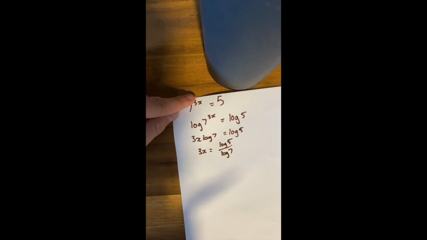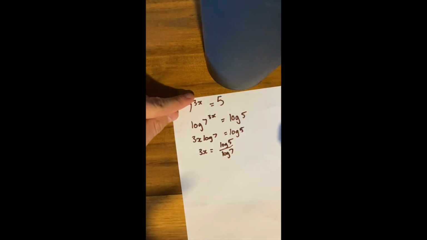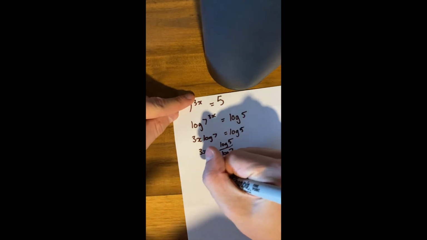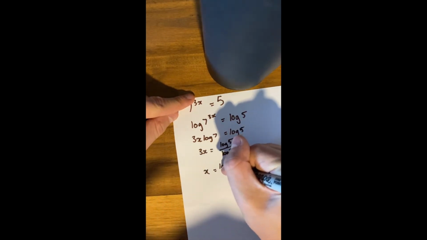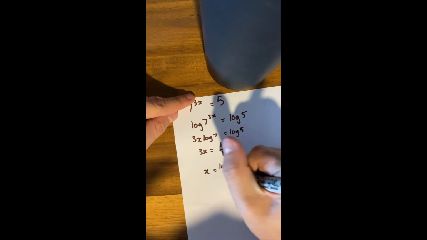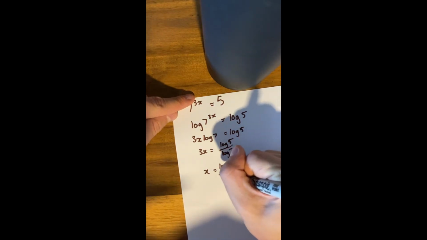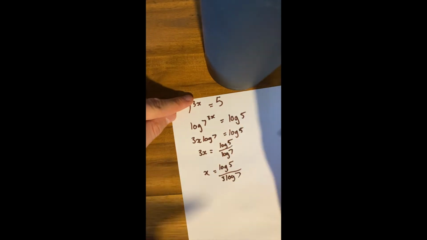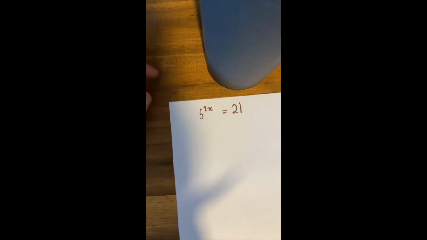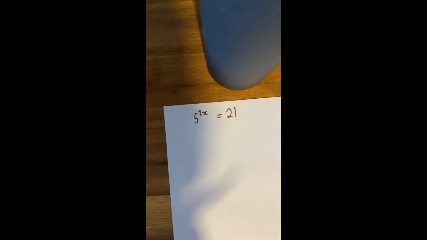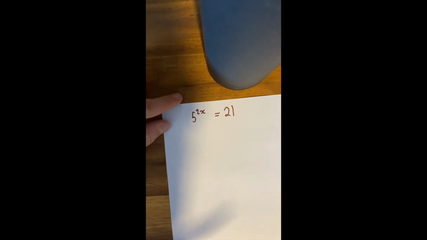And now to find x, we simply divide both sides by 3. So we get x equals log 5 on 3 log 7. And that is your answer. So as you can see, it's simply just an application of the logarithmic laws.